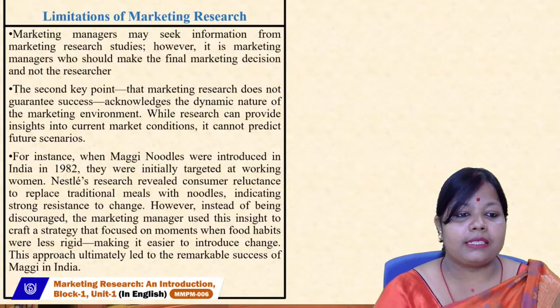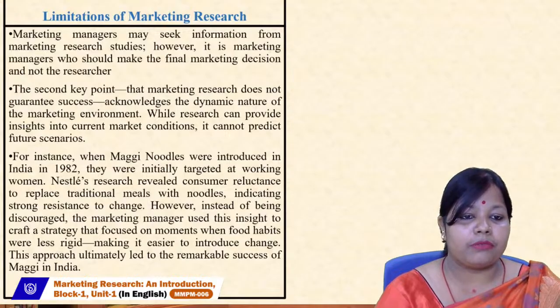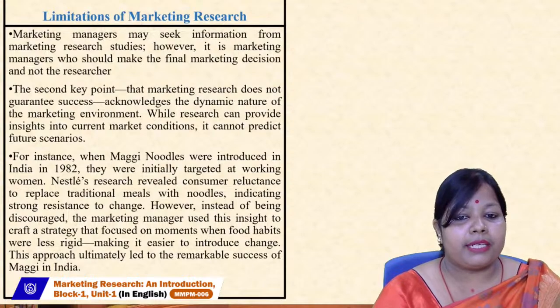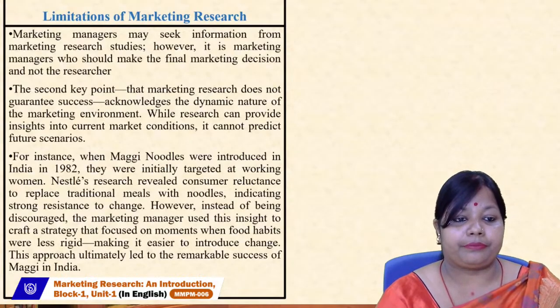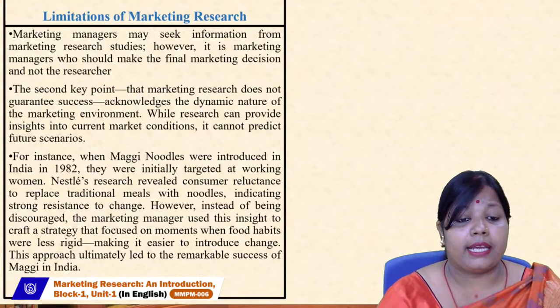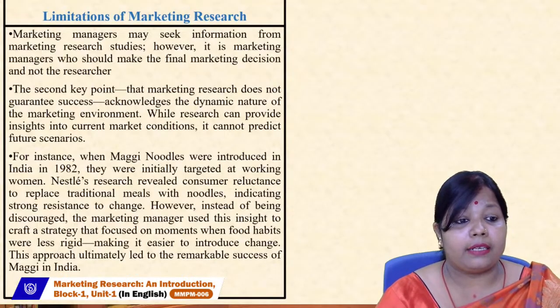We are going to discuss one example. When Maggi noodles were introduced in India in 1982, they were initially targeted at working women. Nestle's research revealed consumer reluctance to replace traditional meals with noodles.